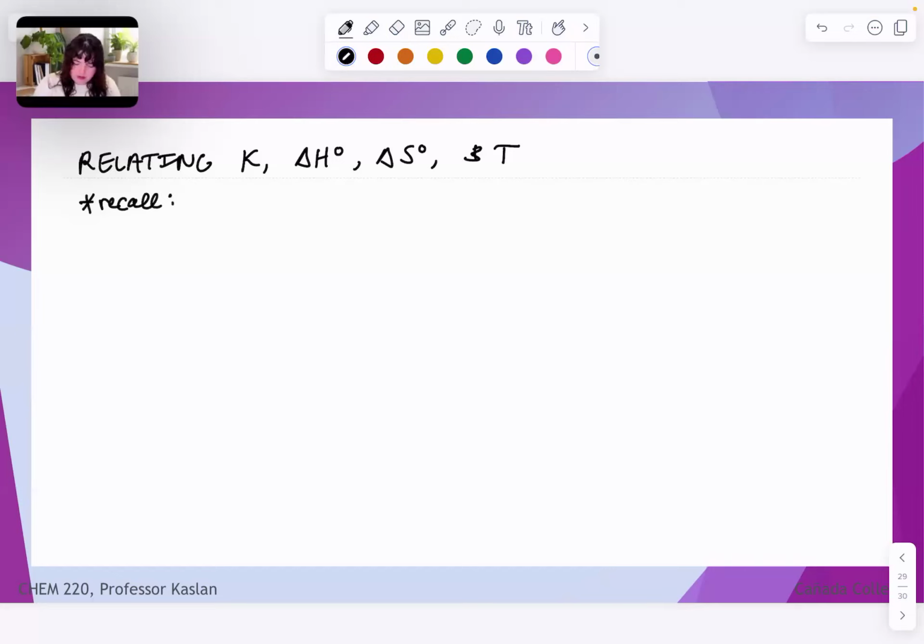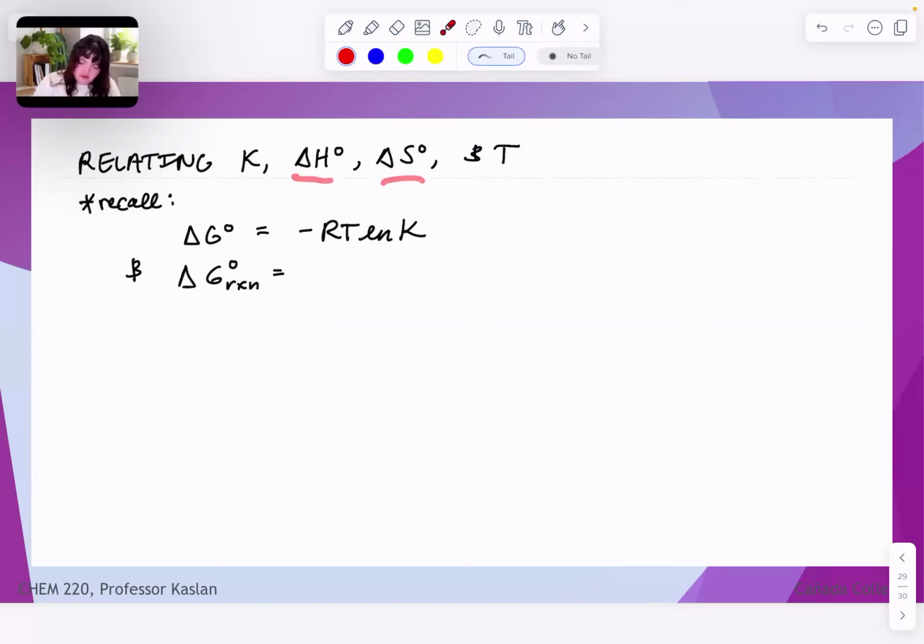So let's recall that the standard free energy change for a system at equilibrium is equal to negative RT ln K. And we've also said that the standard free energy change of a reaction is related to its enthalpy and entropy at some temperature by saying this is equal to delta H reaction minus T delta S reaction.